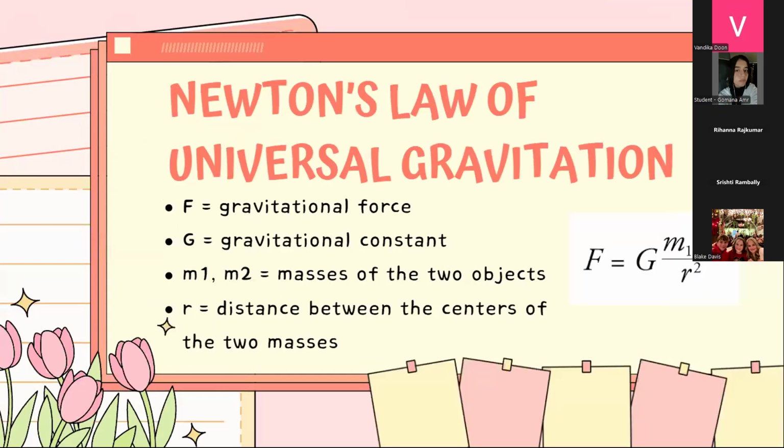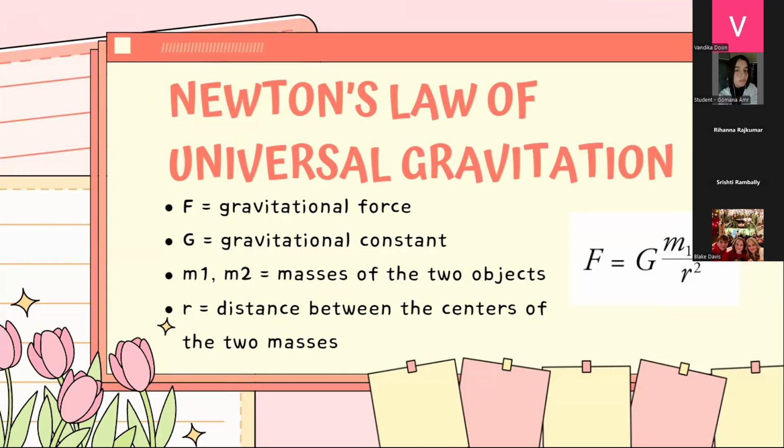And obviously, we have to have our boy, Isaac Newton, with all his lovely formulas and laws. So this is his law of universal gravitation. He figured out that gravity isn't something that just pulls apples to the ground, right? It acts between all objects with mass, even ones far apart in space.